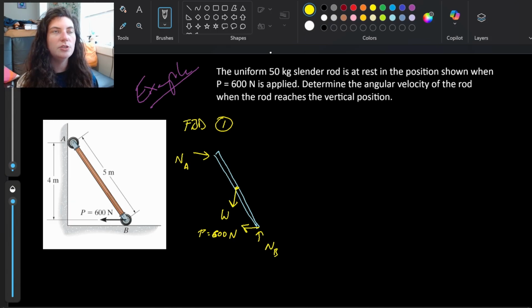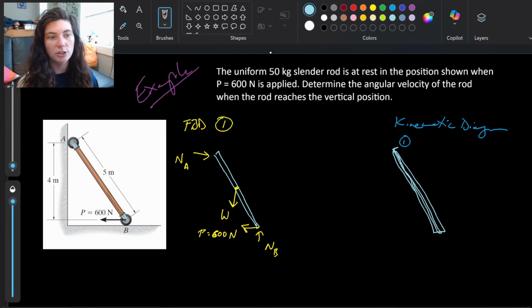Maybe we'll go ahead and do our initial condition for our kinematic diagram too. It'll be pretty straightforward. Initially we have that bar, and they told us that this slender rod is at rest, so there's actually nothing to put on our initial kinematic diagram here.